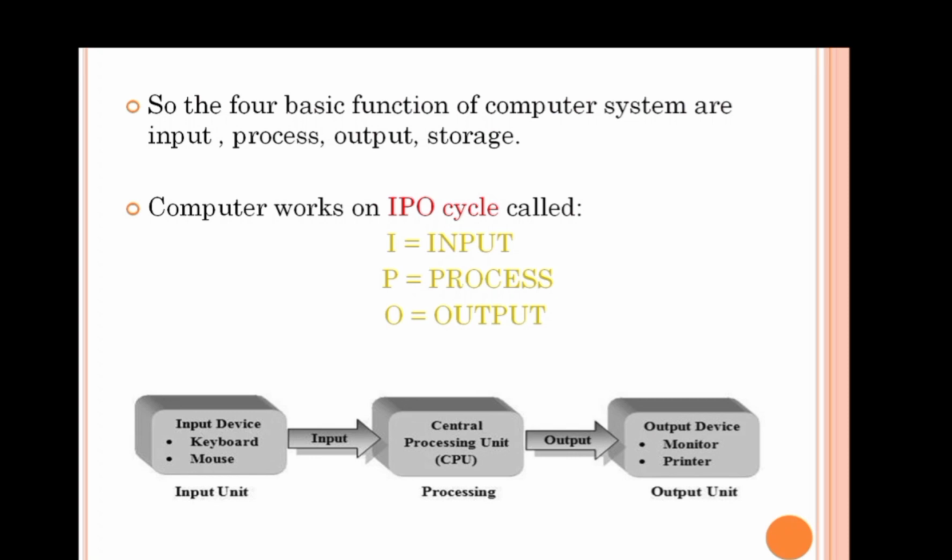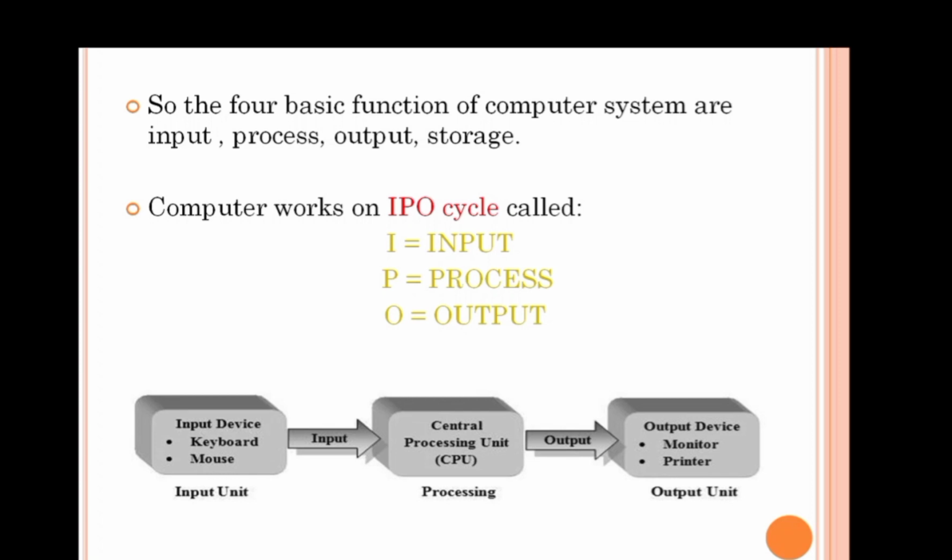The four basic functions of a computer system are input, process, output, and storage. Input means the instructions or the commands given by the user to the computer to perform any task.